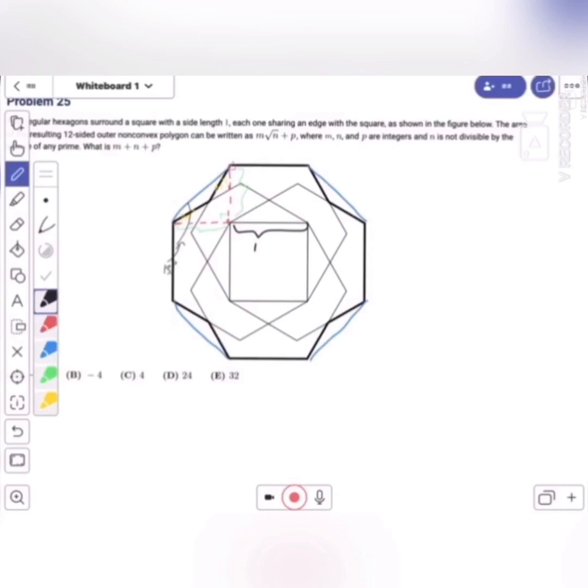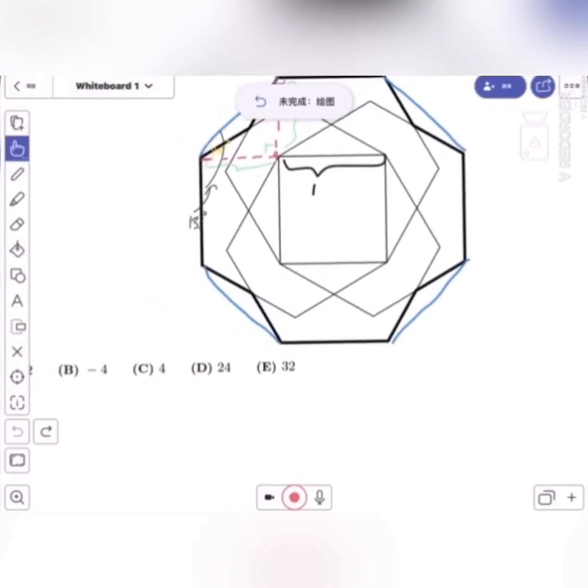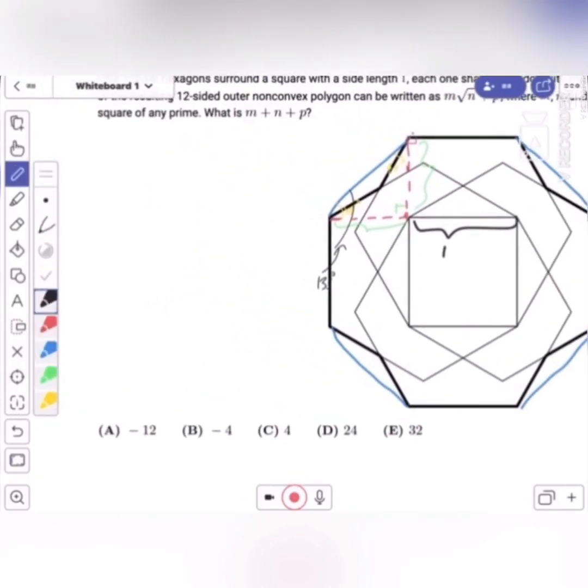So therefore, we can actually write the area of the 12-sided gon. Just zoom this in. The area is actually equal to the area of the octagon minus the blue triangle, right?